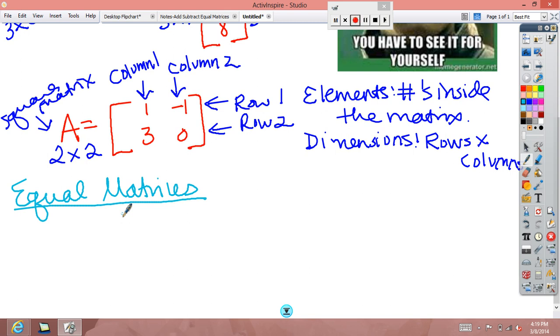You can pause that, rewind it, but what it means is they're the same dimensions. So if I had a 2 by 2, it could only be equal to another 2 by 2. And in that case, all of the elements are equal to each other. So we're going to try an example. Okay, so solve for each variable.